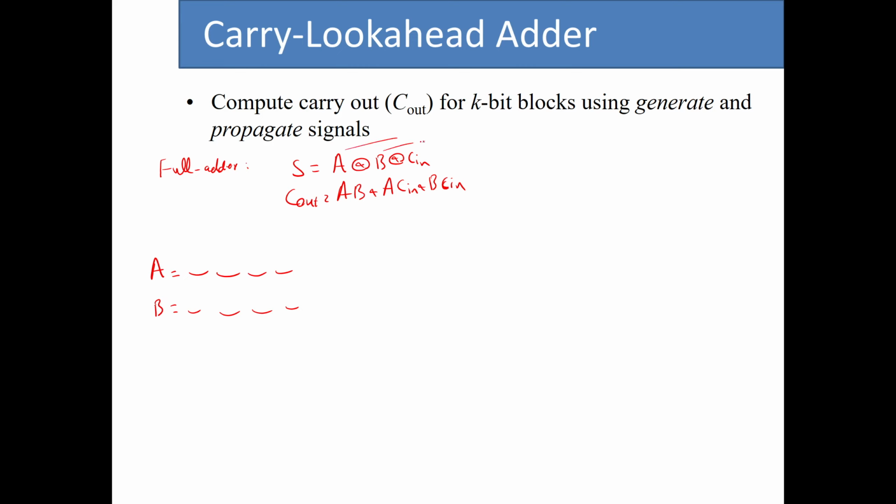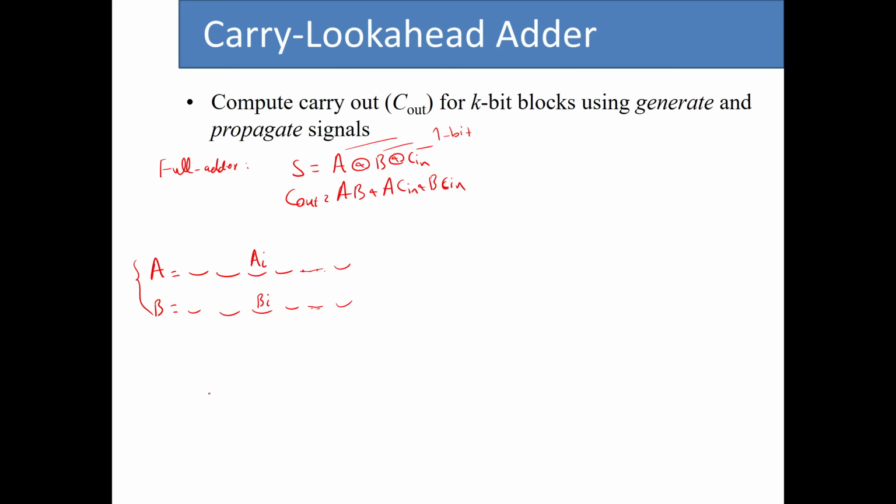These are basically 1 bit, but these numbers are actually having 4 bits, and we can have it as more than 4 bits. So in the middle of this number, let's just say we have bit AI and bit BI.